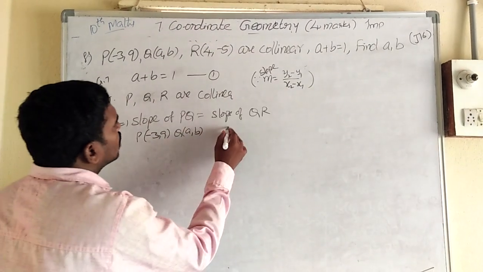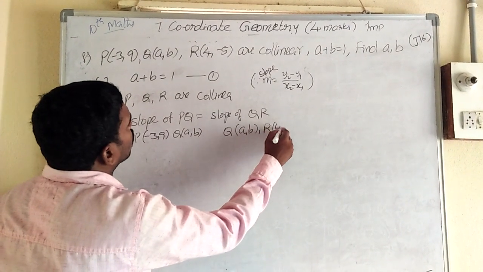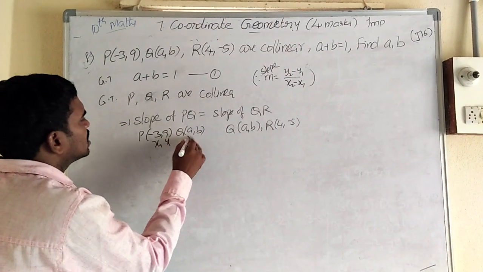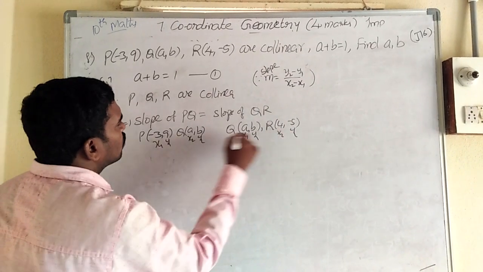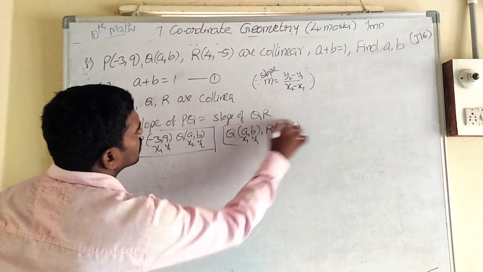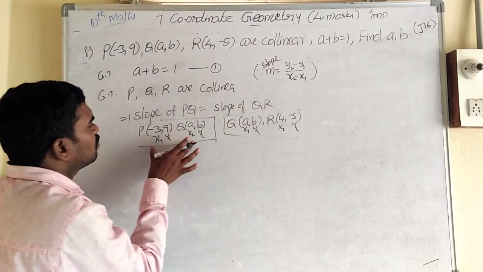And for QR, what is Q? a comma b. What is R? 4 comma minus 5. This is x1 y1, this is x2 y2. I separately write PQ and QR because we find the PQ slope and the QR slope.